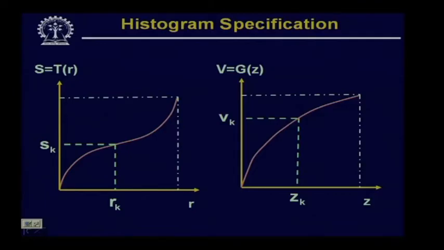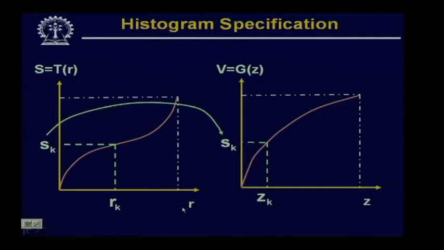Now, once we have these two transformation functions, they straightaway tell you that given an r_k, I can find out the value of s_k, and given a z_k, I can find out the corresponding value of v_k. But the problem is z_k is unknown, we do not know what is the value of z_k. This is the one that we have to find out by using the inverse transform G inverse.